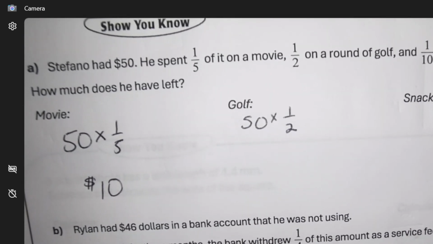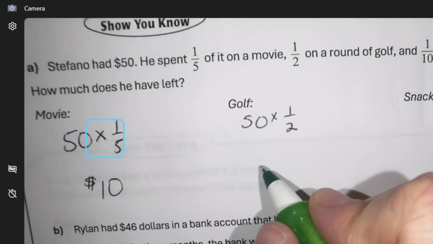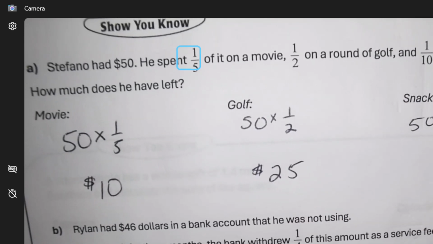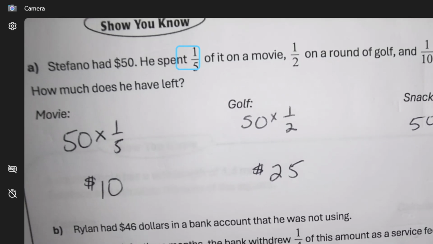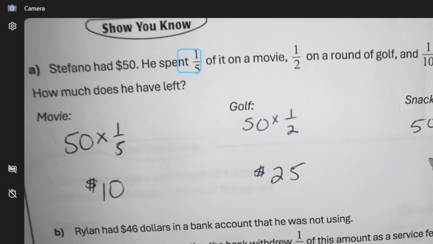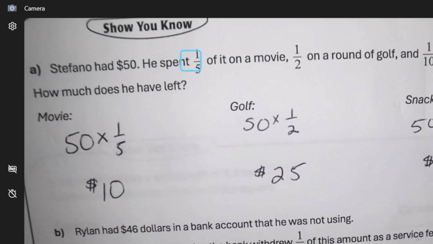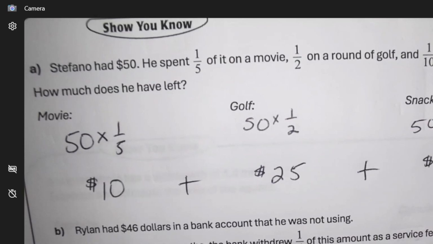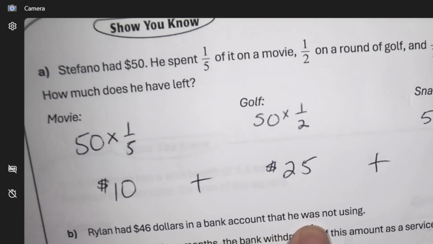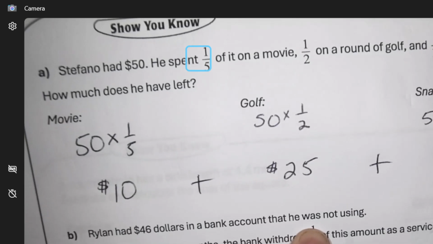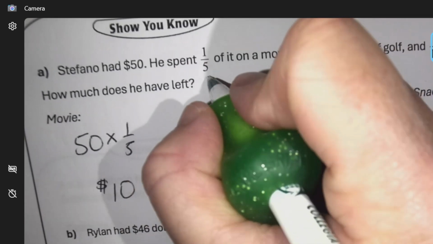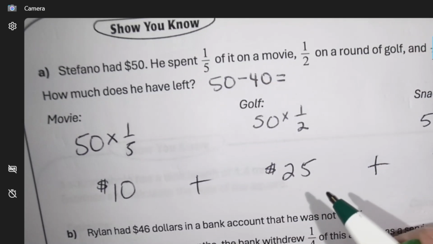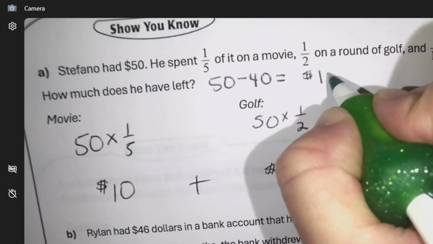You spent half of it on golf. So what's half of 50? $25. And you spent a tenth of your money on snacks. So divide by 10, same idea. $5. So if we add that up, how much have we spent? $40. So we started at 50, we spent 40. Therefore we have 10 left.